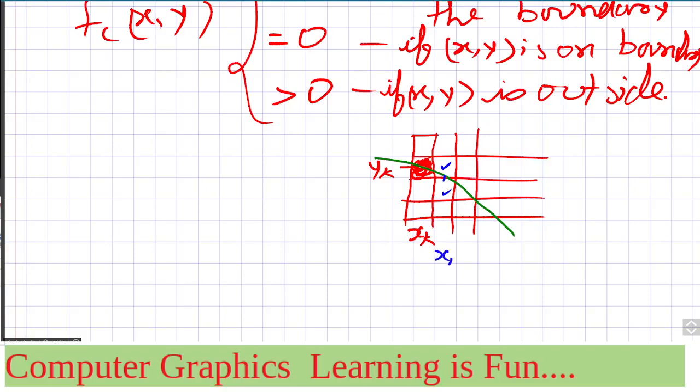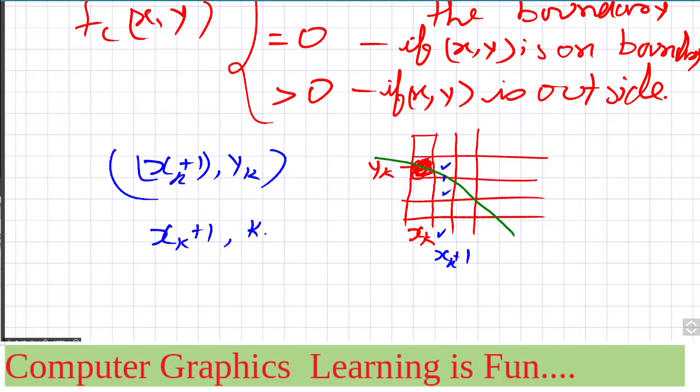Anyway, the xk will increase with 1 pixel. So either it will be (xk plus 1, yk), or it will be (xk plus 1, yk minus 1).